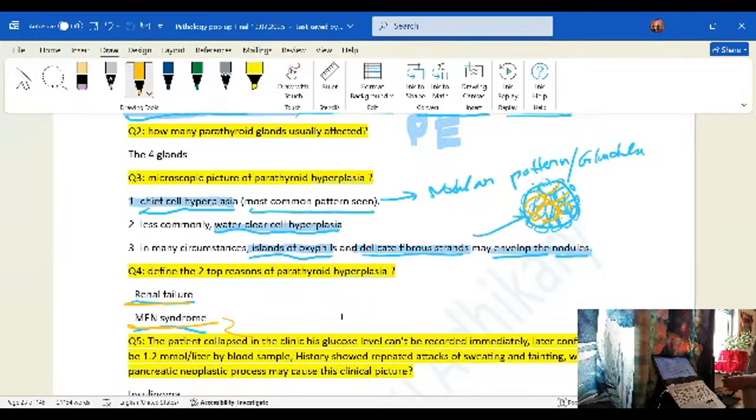Chief cell hyperplasia is the most common pattern, and less commonly water-clear cell hyperplasia.